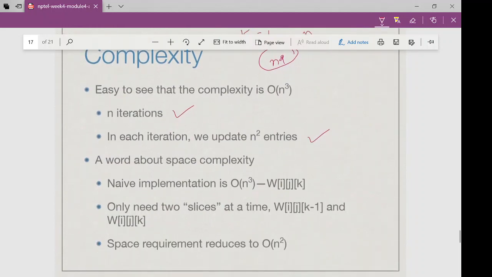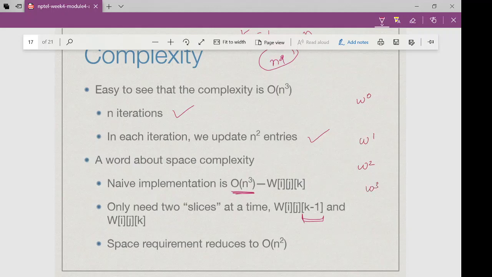Now let's see the space complexity. If you make n number of n square matrices, then the space complexity is n cube. But as a matter of fact, we only use the (k minus 1)th entry. When we are at w1, we only need w0. When we are at w2, we only need w1.